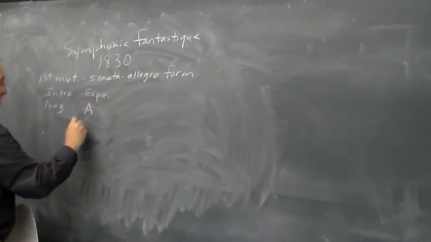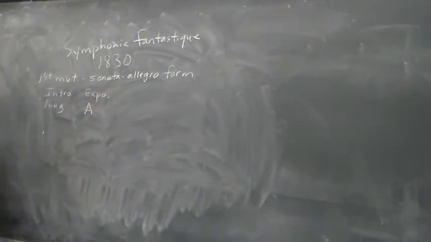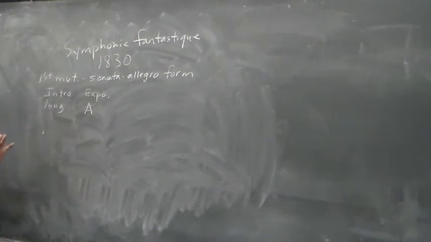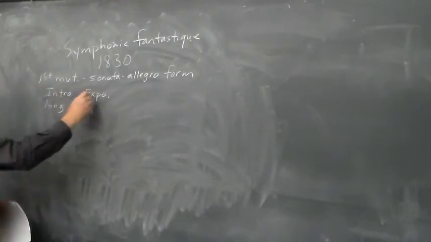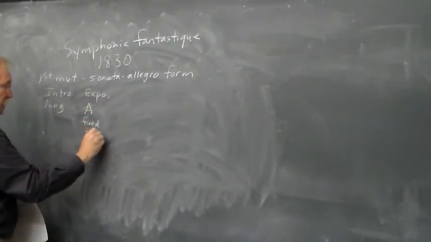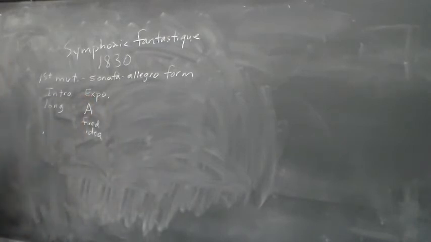The exposition then is in the key of C major, but the introduction is in C minor. So it has that same kind of function that we saw with both the Prague Symphony and London Symphony. But this A theme in the exposition is the first presentation of the fixed idea that represents his love.